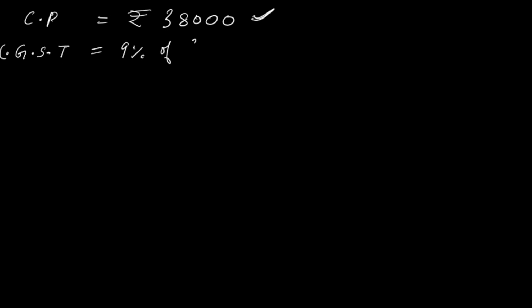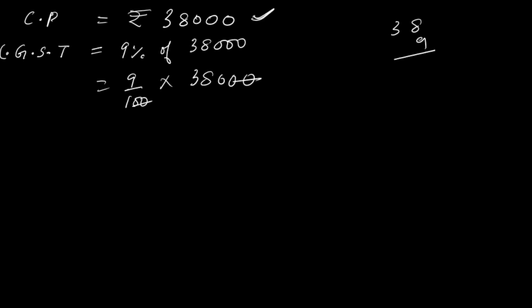So 9% of 38,000, 9 by 100 into 38,000. We multiply 38 into 9: 9 into 8 is 72, 27.